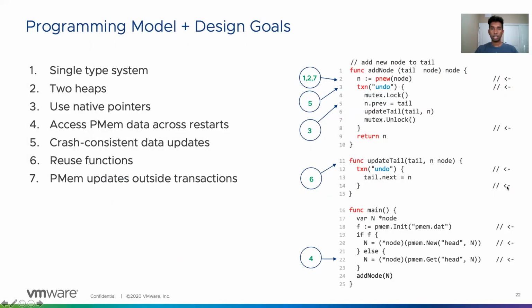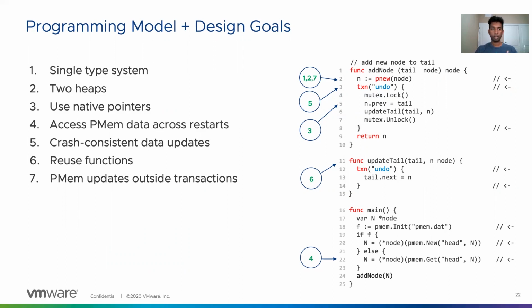So to summarize, we highlight how our programming model achieves all the design goals that we mentioned. Line 2 shows a new node created using pnew. GoPmem uses a single type system, so object n has the same pointer type as objects in the volatile heap.